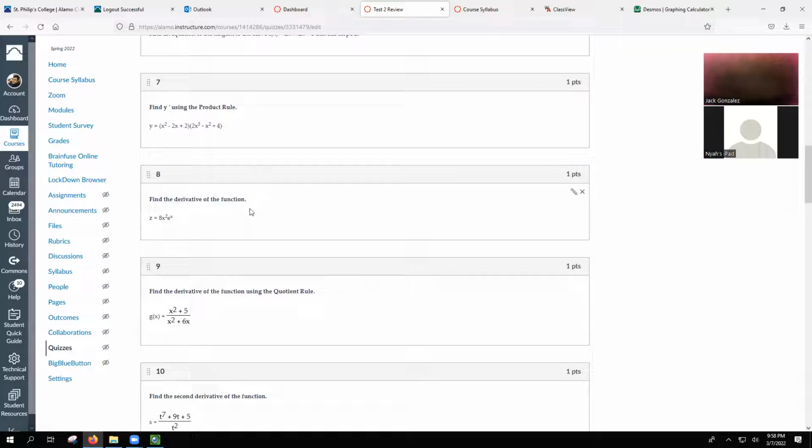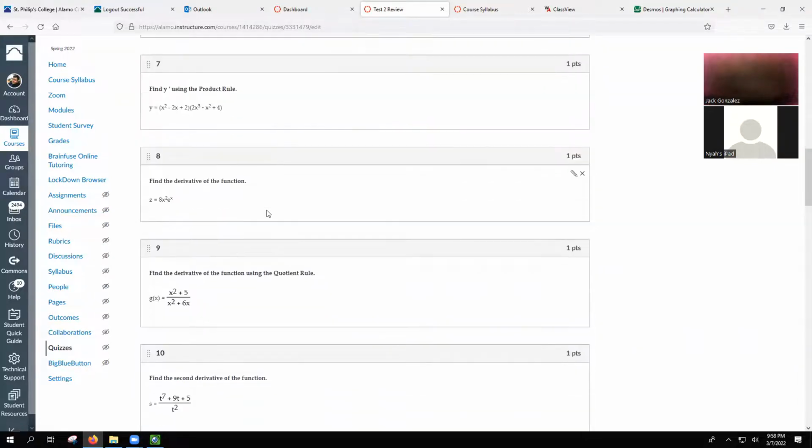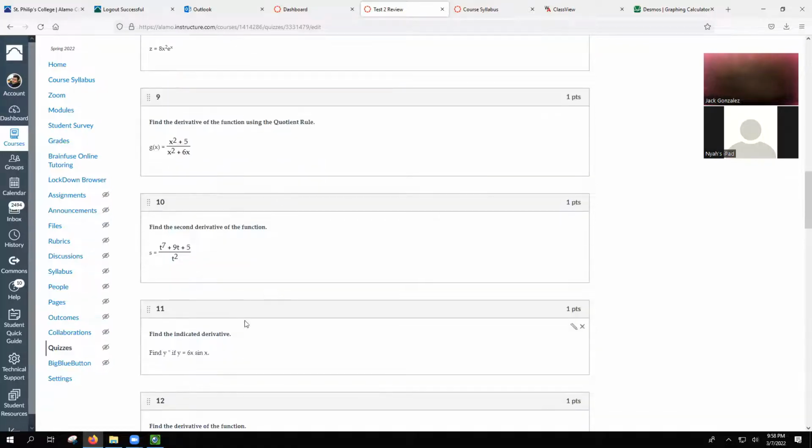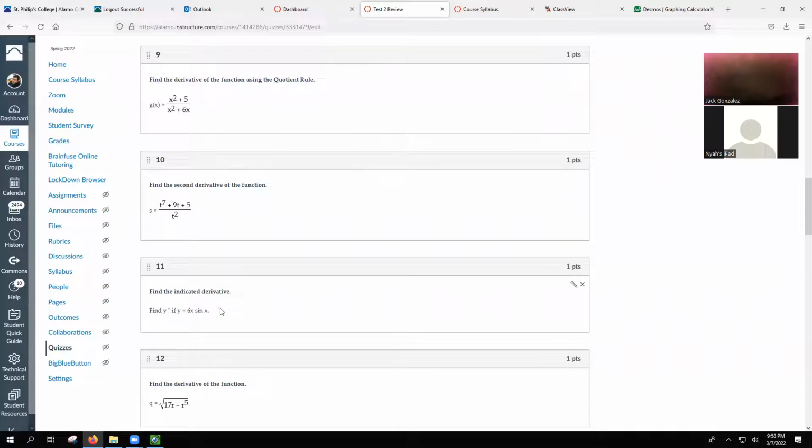So which one would you like to do? Something that looks terrible. 7, easy, right? No. That was confusing. Okay, let's do 11. It has a cosine again, 6x sine, and it wants me to do the second derivative.